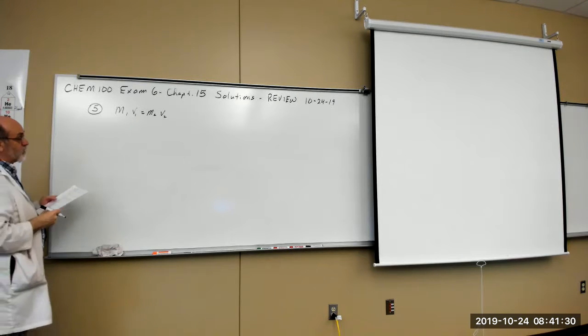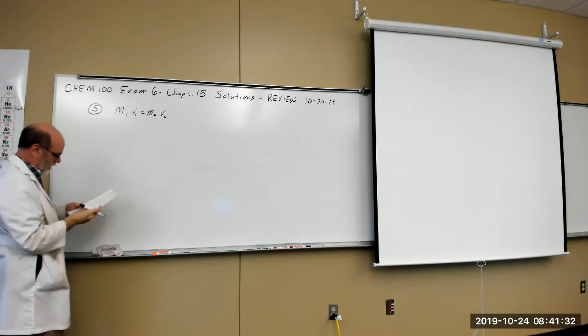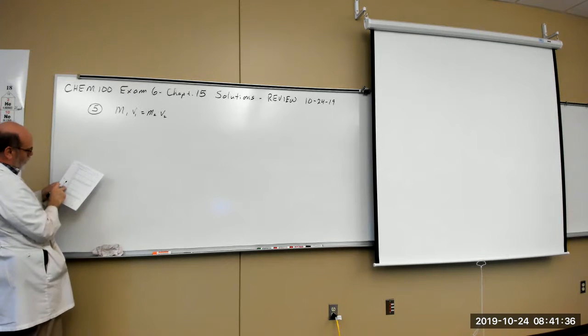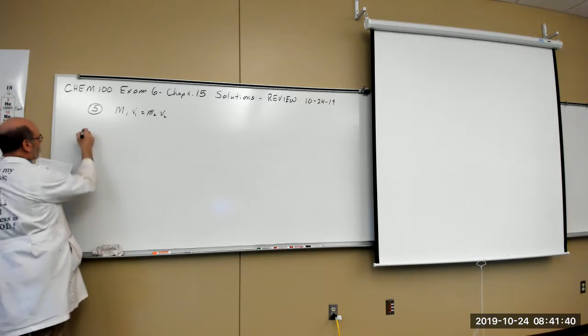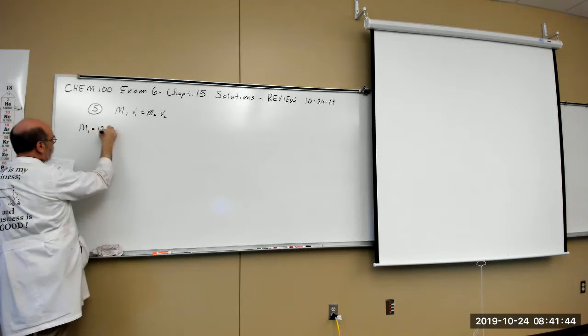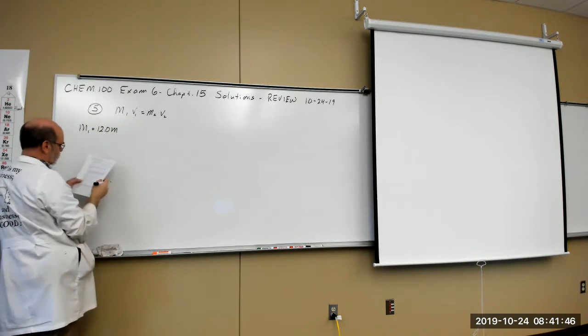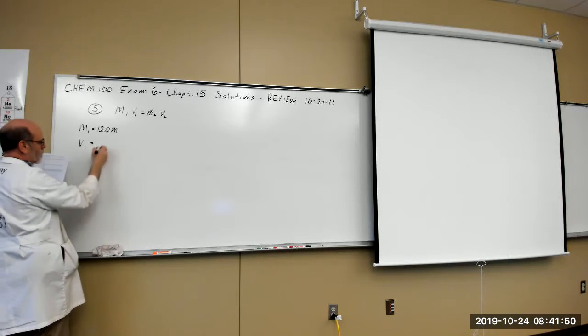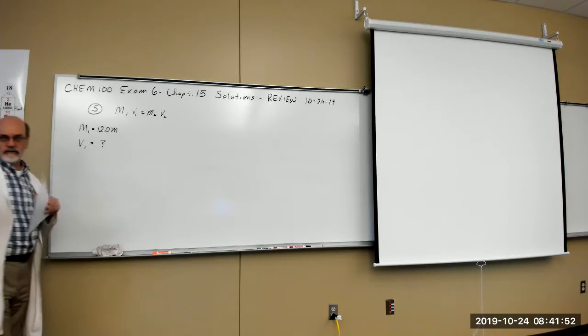And the best way to do that is to read the problem and say, what's what? So if we're going to say, what volume of 12 molar nitric acid is required? We can say this is the concentrated side, 12 molar nitric acid. And then the volume of that nitric acid we're going to use is the unknown.